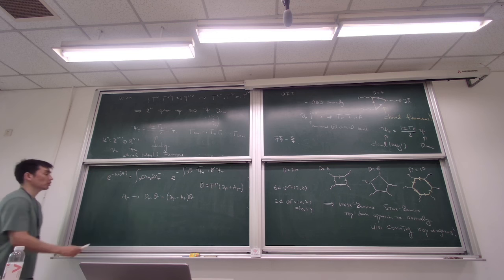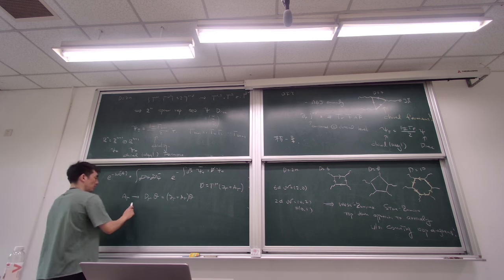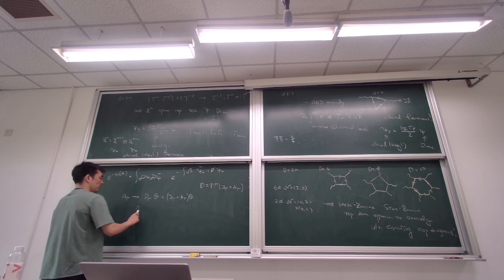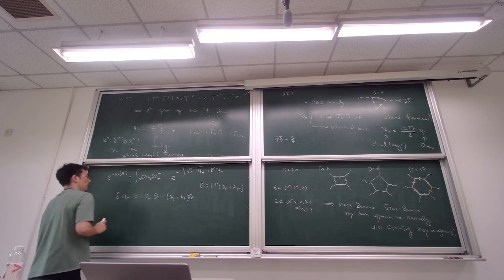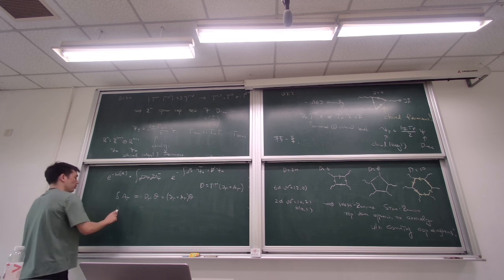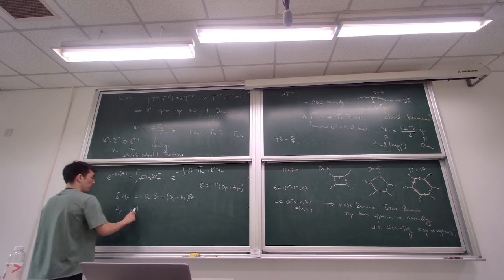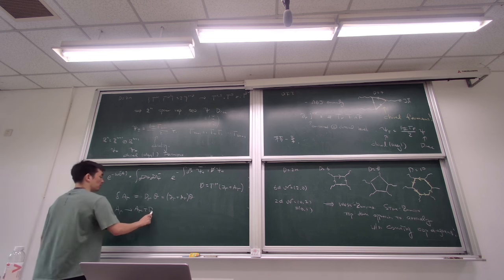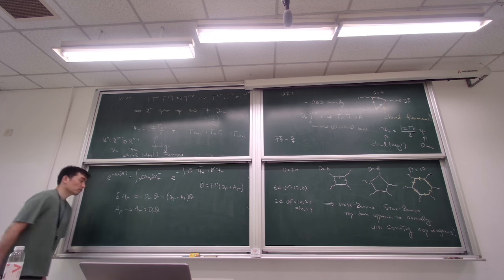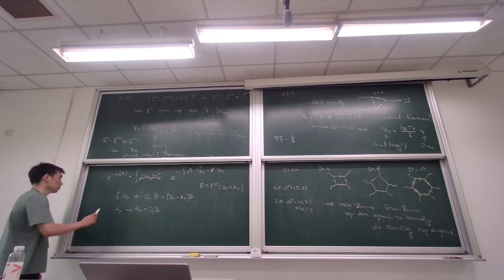So this is the gauge transformation. Sorry, δA_μ is like this. So A_μ is transformed to A_μ plus D_μ θ. That's how it changes under gauge transformation.